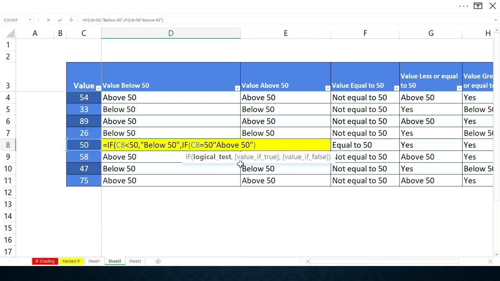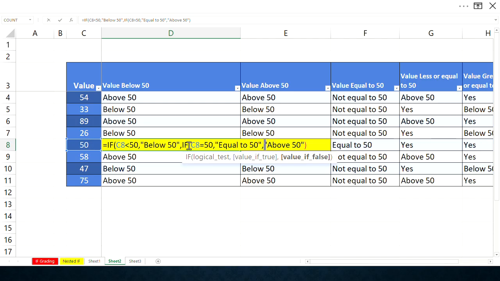We are catering for the value that is equal to 50, and put equal to 50 as it were. Then the others that don't meet these two conditions are above 50. So we have three cases: a value below 50, a value equal to 50, and values above 50. This is what we call the nested if function, having more than one condition.